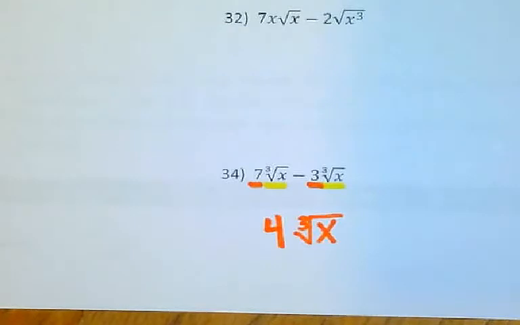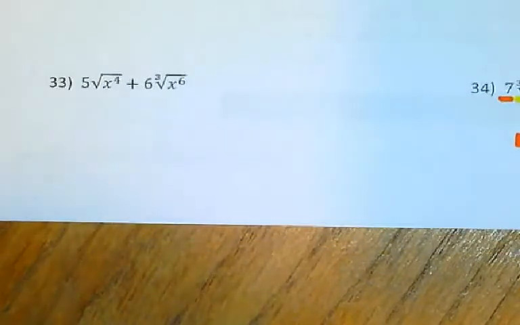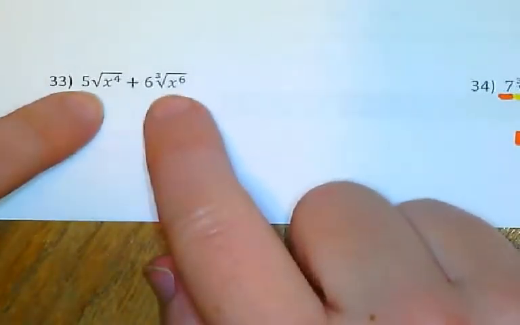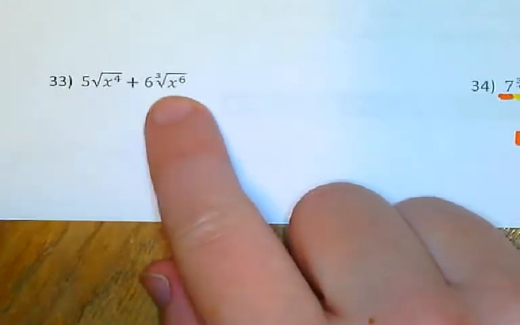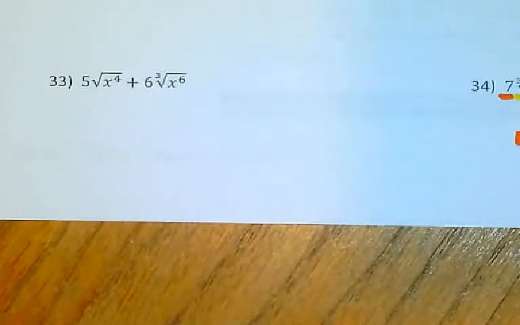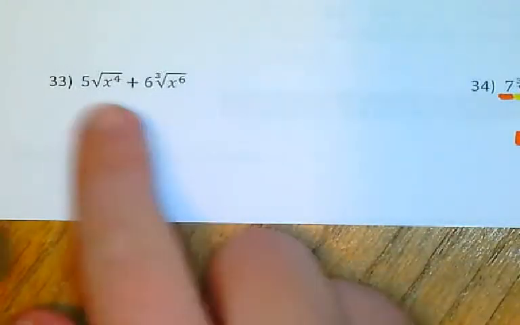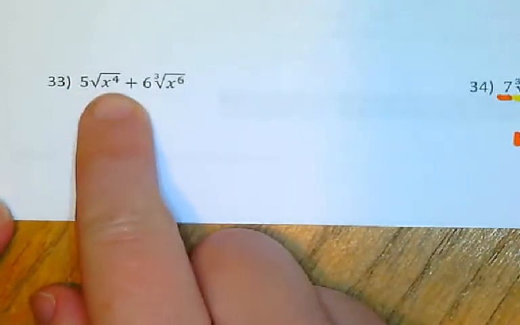Now, sometimes, like on this one over here, they don't look identical right off the bat, right? So we have to simplify first to see if we can make them identical. So here we've got this 5 and the square root of x to the 4th.